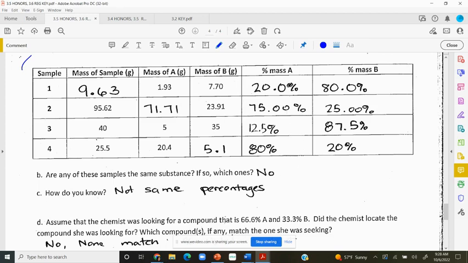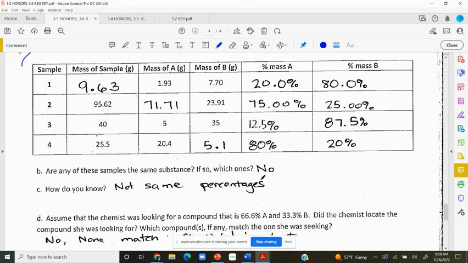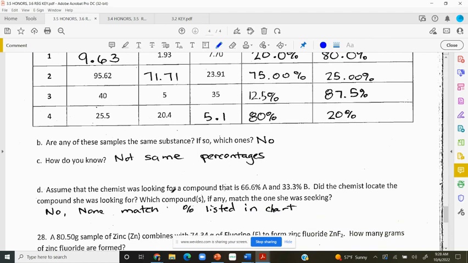Well, if none of these mass percents match, they're not the same ones. The chemist here was looking to see if the compound was 66.6% A and 33.3% B. Did they find that? No, there are none of these that match up to that value.